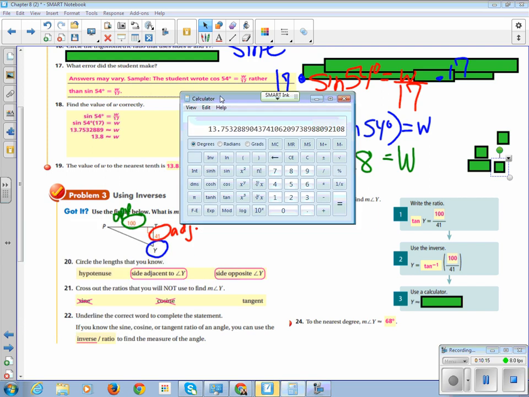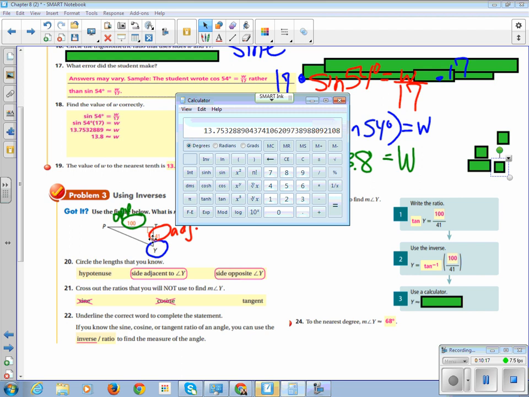Please, we are in degrees here, so you want to make sure your setting on your calculator is degrees. We're going to put this ratio into our calculator, so 100 divided by 41. I hit the equal sign so I can make sure I don't accidentally only take the tangent of the top or only the inverse tangent of the bottom.